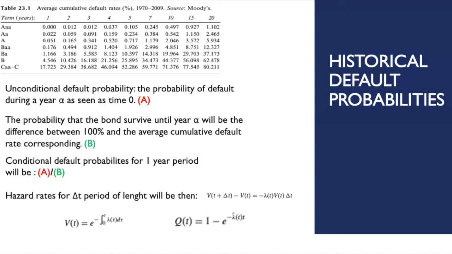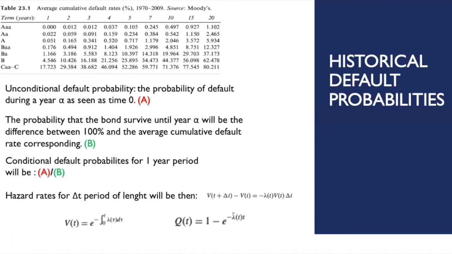Or, for example, in year 2, the probability that the bond will survive in the rating of CAA will be 100 minus 29.38%, and that is going to be 70.61%.